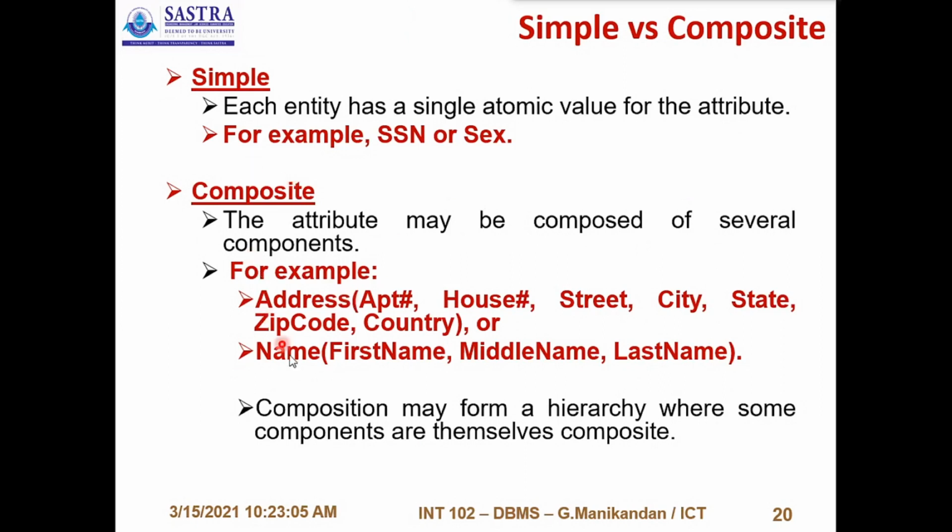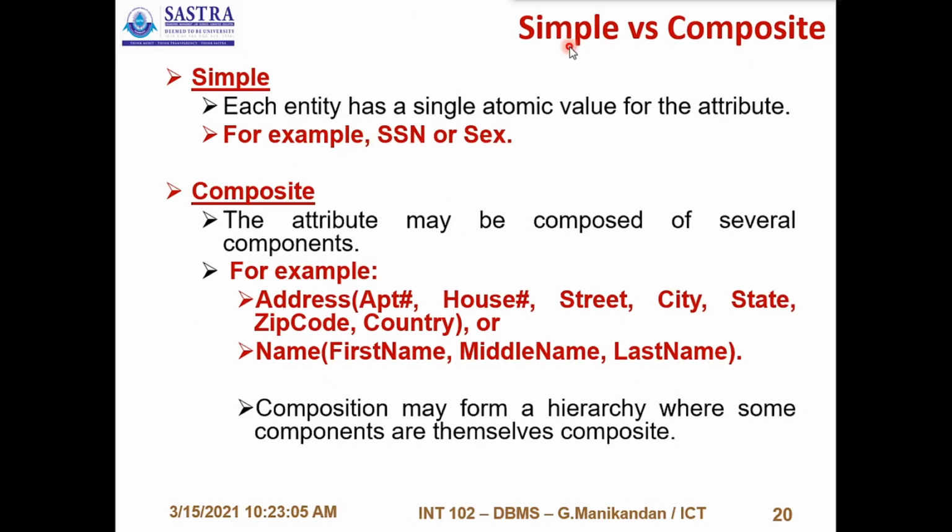For this name, if I am going to store only the last name, it comes under the category called simple attribute. Instead of that, if I am going to store first name, middle name, and last name, it is a composite attribute. With respect to this example, your address and name come under the category called composite attribute. Your SSN is a simple attribute.